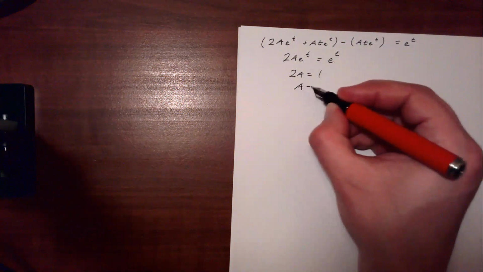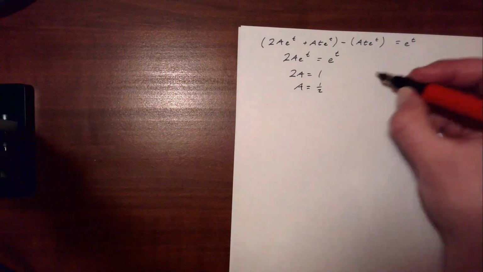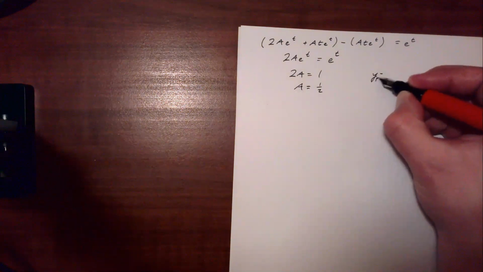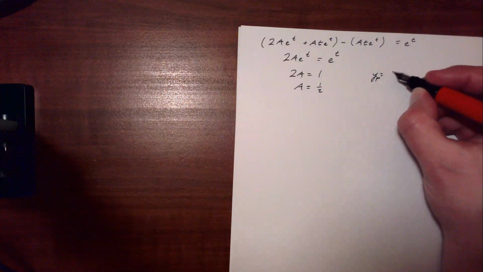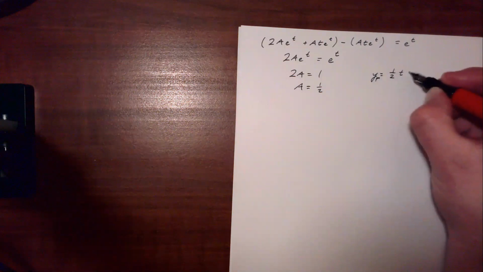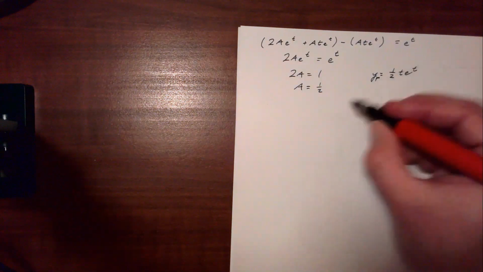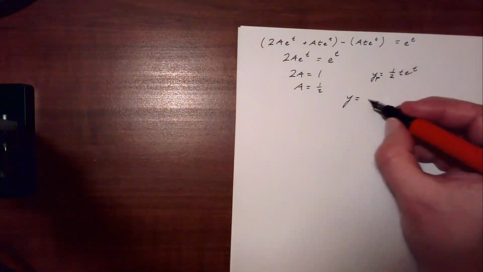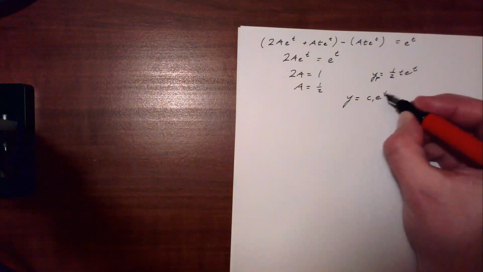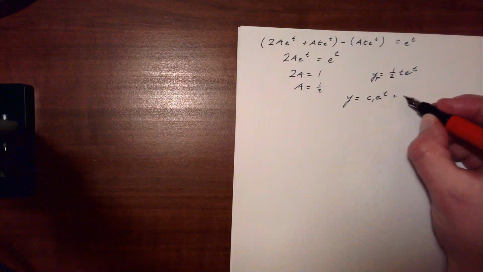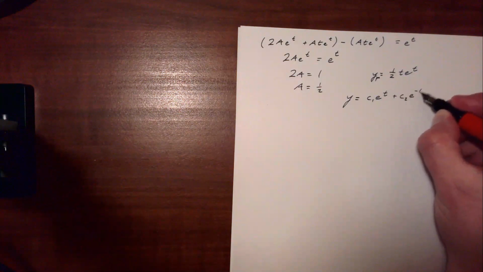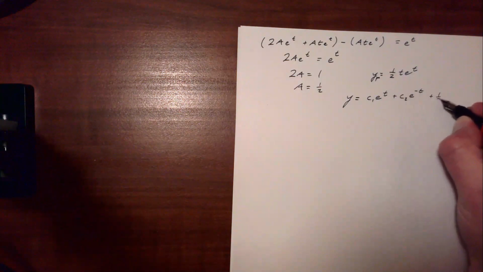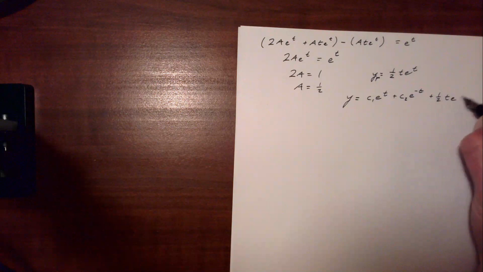That gives me a equals 1/2, which gives me yp equals 1/2 t e to the t, which gives me y equals c1 e to the t plus c2 e to the negative t plus 1/2 t e to the t.